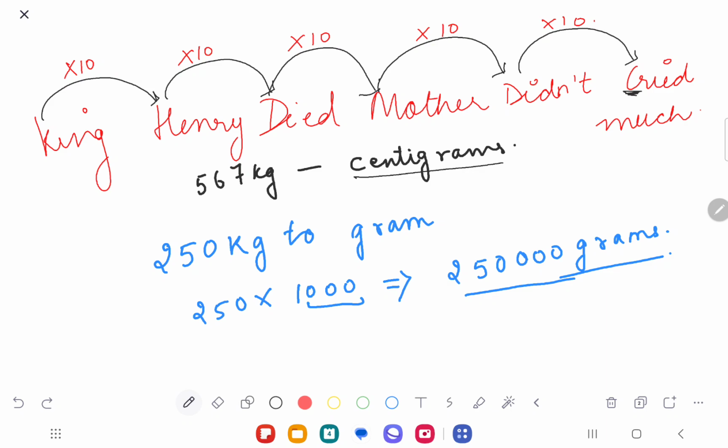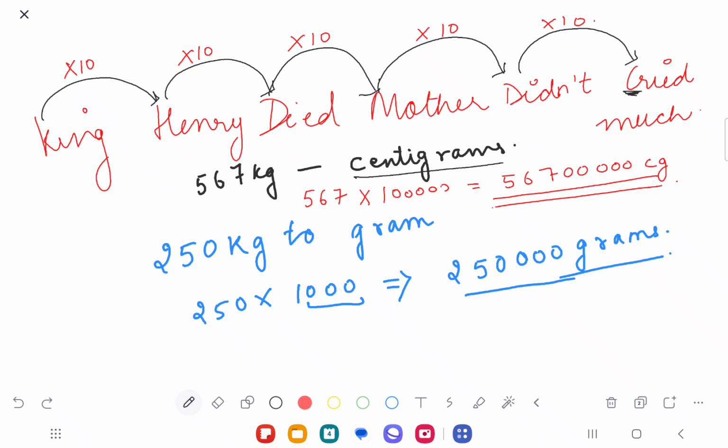So that would be 567 and 5 zeros. These many centigrams. Understood or not? Easy. That's how we are supposed to solve it.